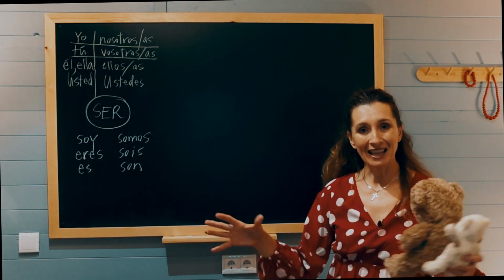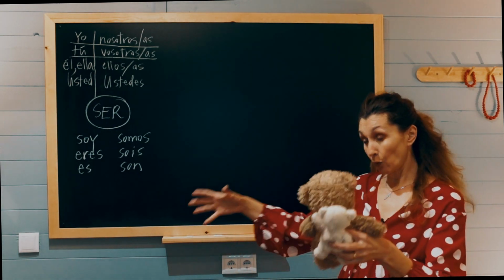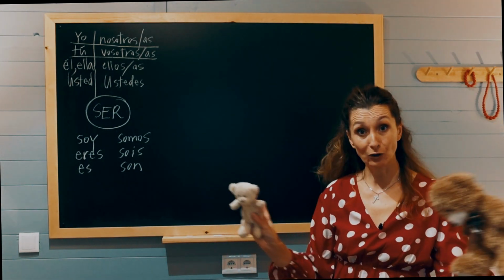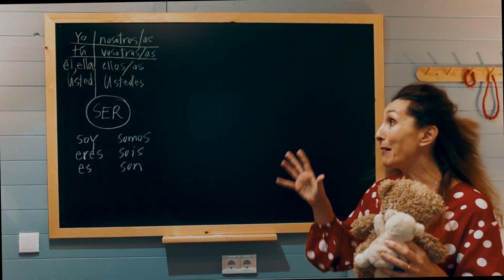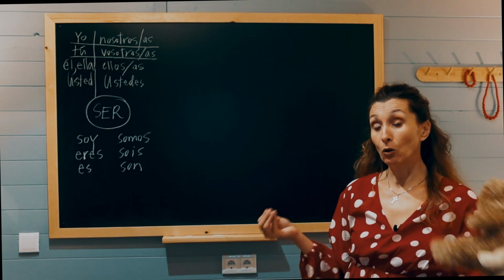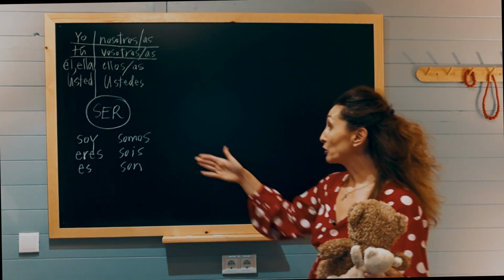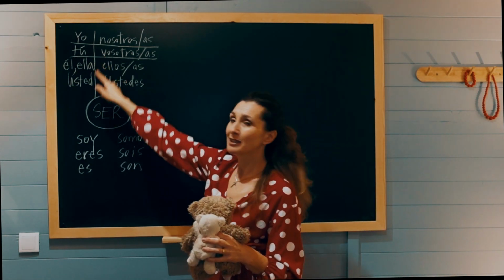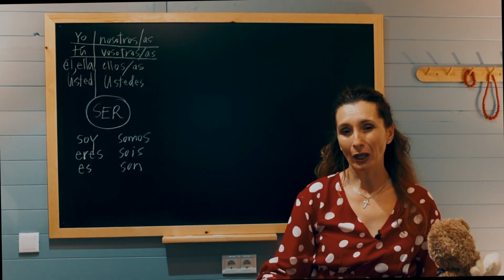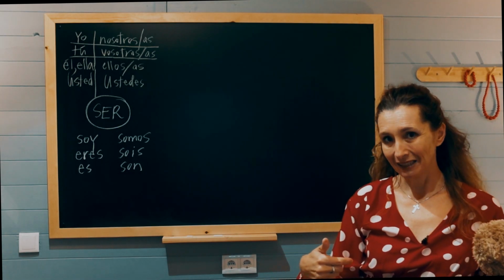So again, set up a setup where you will have either soft toys or pictures or whatever around you, and make this more realistic, okay? And then just go through these 6 without saying yo soy, tú eres, ella es.